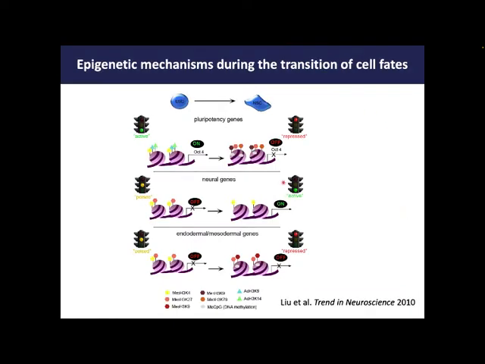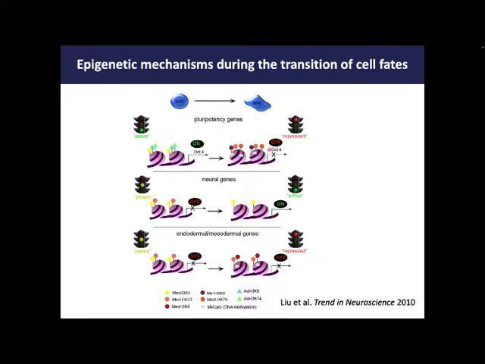So here is the description of general epigenetic changes during cell differentiation from embryonic stem cell to neural stem cell. During differentiation, the pluripotency genes get repressed by epigenetic modifications. Their promoters are highly active in embryonic stem cells.